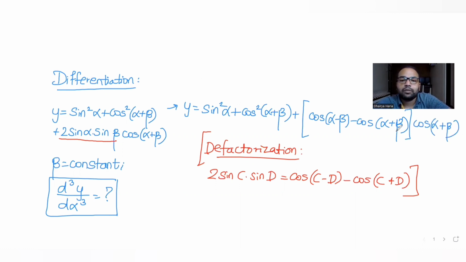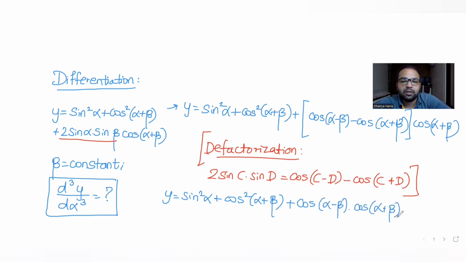Let's try to simplify this. y equals sin²α plus cos(α−β) cos(α+β) minus cos²(α+β).